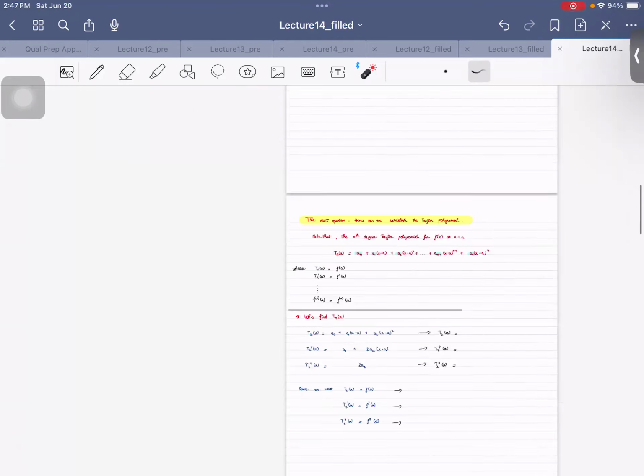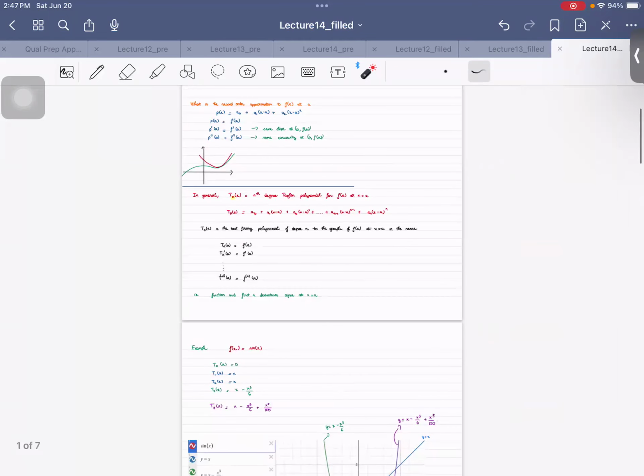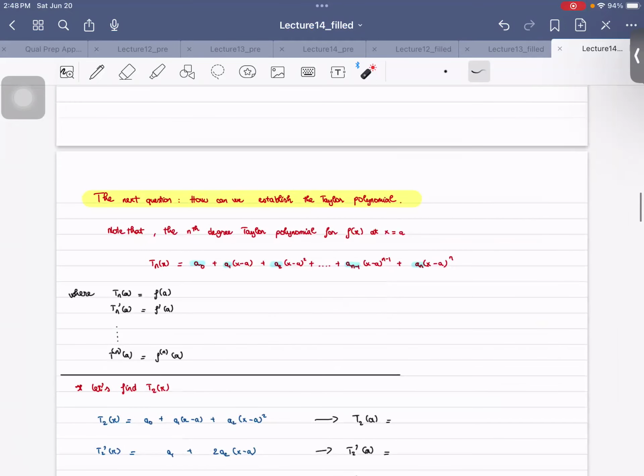Okay, so again, we're going to set things up in a general way. I will consider the nth degree Taylor polynomial for the function f at the point x equal to a. So I'm going to write down the polynomial, which is the approximation function to the original function at the point x equal to a.